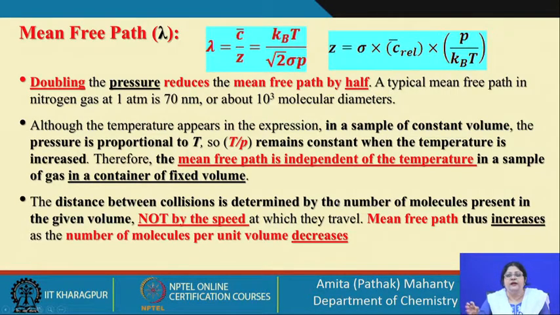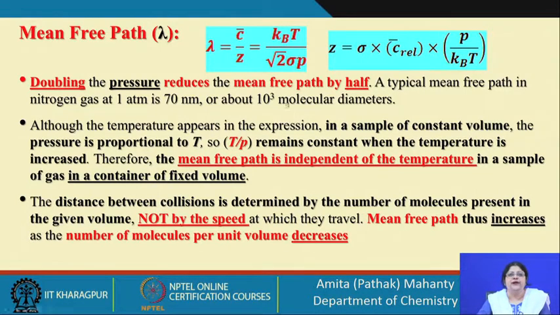Okay. If the number of molecules is more, they are going to be colliding with each other more frequently, and the distance they need to travel is going to be less. So the distance between collisions is determined by the number of molecules present in the given volume and not necessarily by the speed.